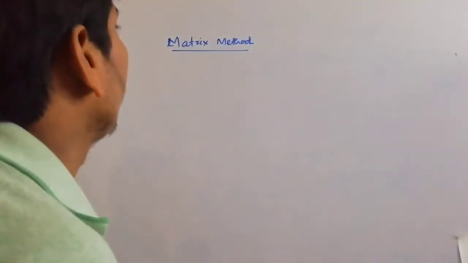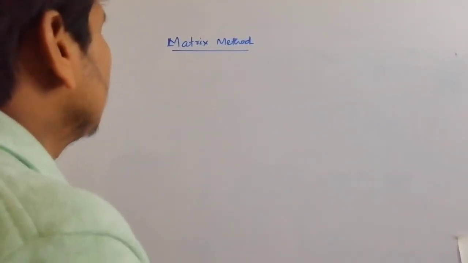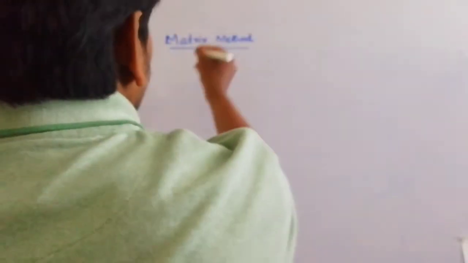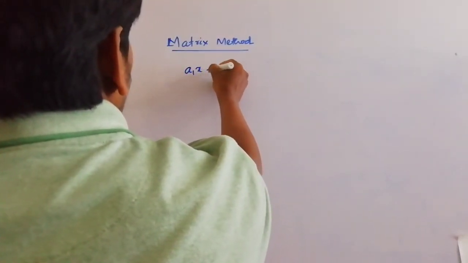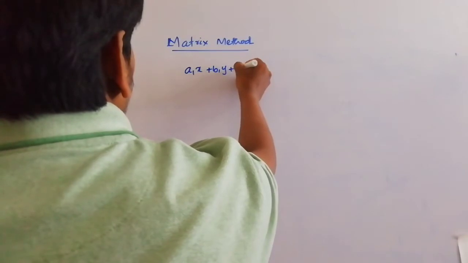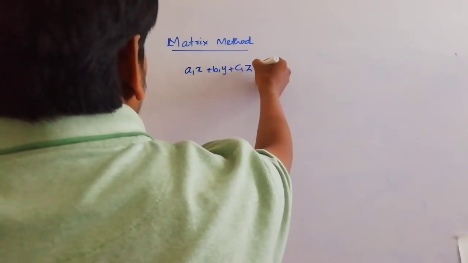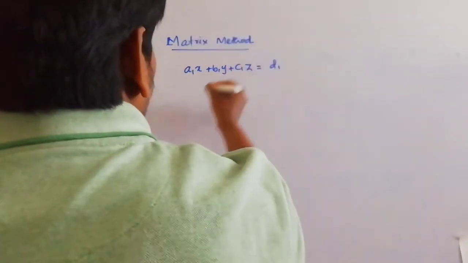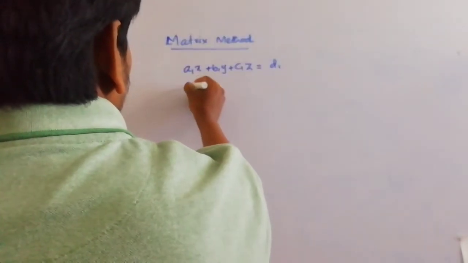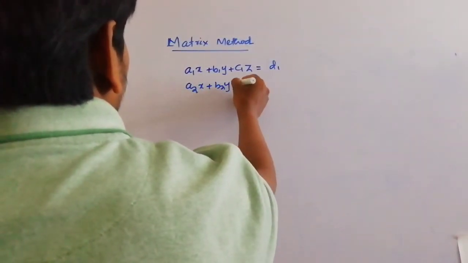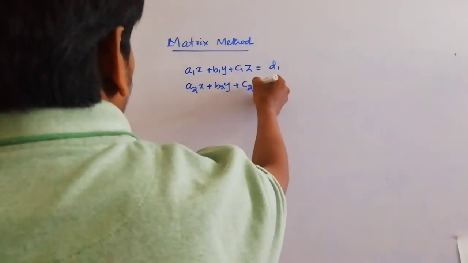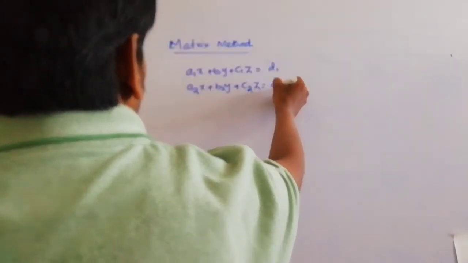So, look, this is the system of three unknowns: a1x plus b1y plus c1z is equal to d1, number one equation. Then a2x plus b2y plus c2z is equal to d2.